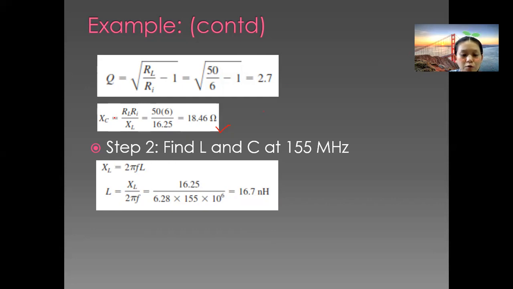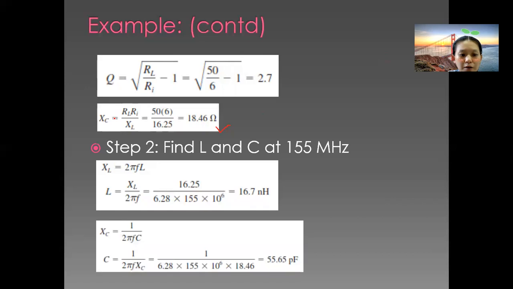We get L equals the reactance of the inductor, XL, divided by 2 pi F. So that equals 16.25 divided by 2 pi F, where 2 pi is 6.28 multiplied by 155 times 10 to the power of 6, which is mega. That equals 16.7 nanohenry, nH.